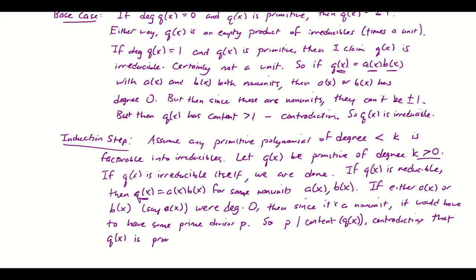Okay, so what does all that mean then? That means that a of x and b of x, neither one of those can have degree 0. So the degree of a of x and the degree of b of x both have to be greater than or equal to 1.